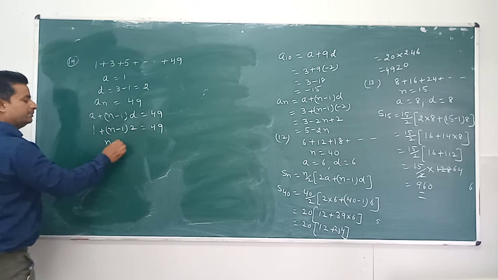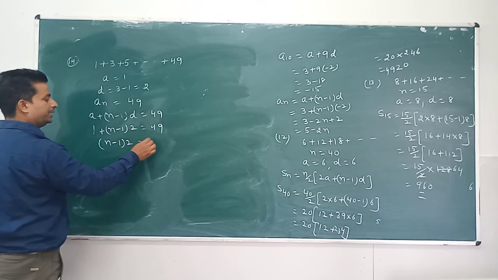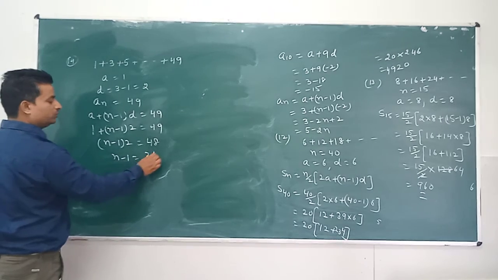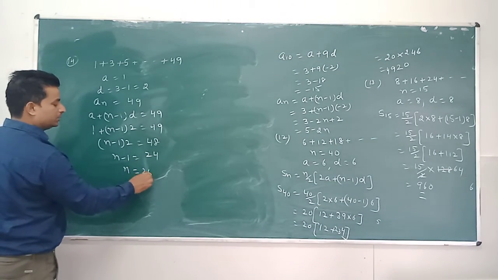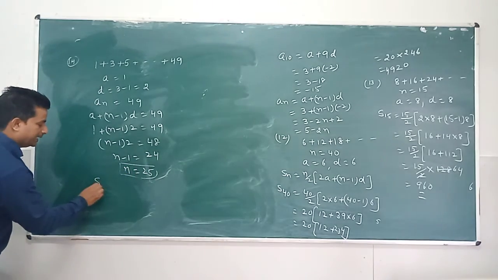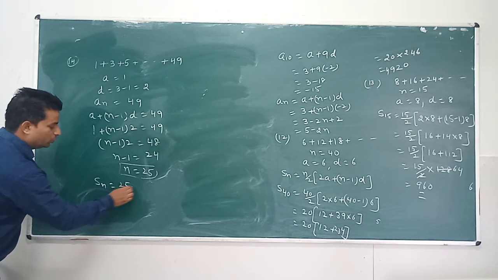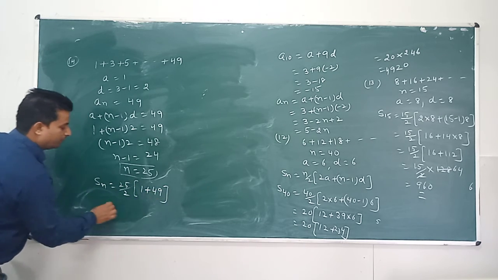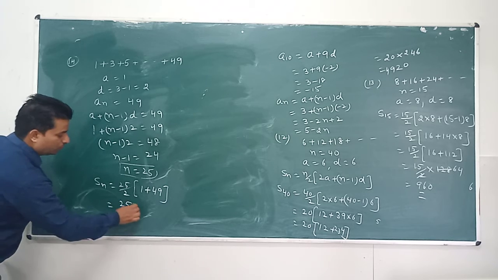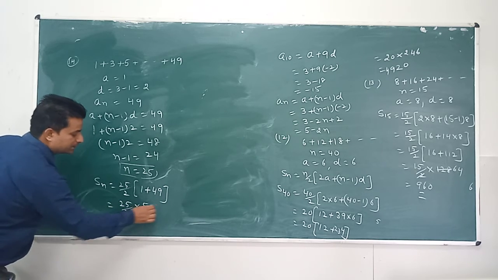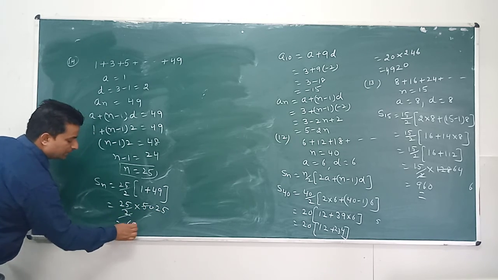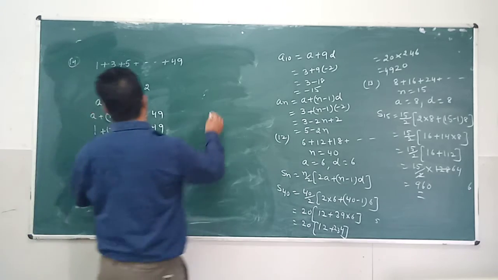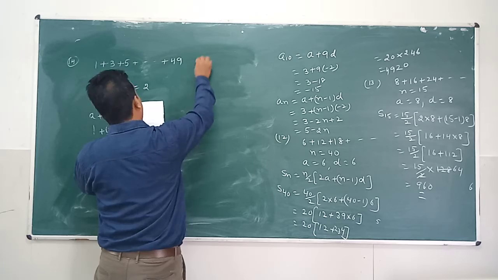So 49 minus 1 is 48, n minus 1 when divided by 2 is 24, n is equal to 25. And Sn is n upon 2 into a plus l, where l is 49. This is 25 upon 2 into 50, this cancels out. So 625 is the sum of odd numbers between 0 and 50.